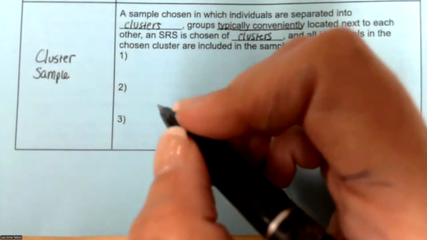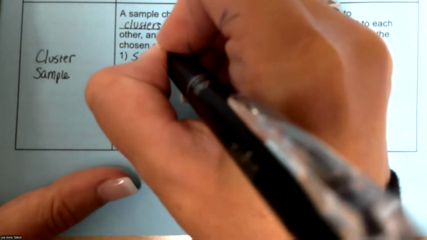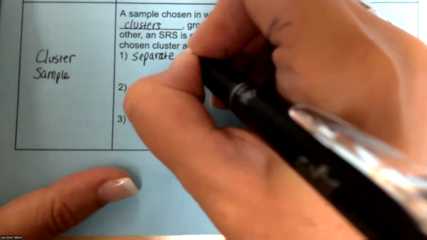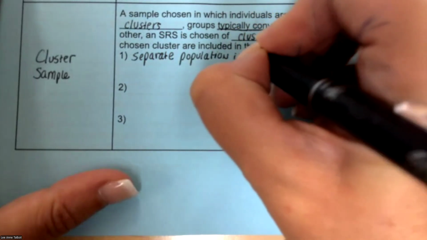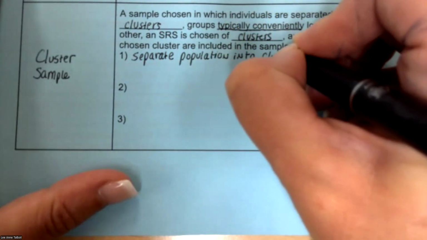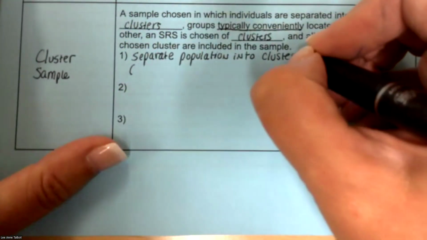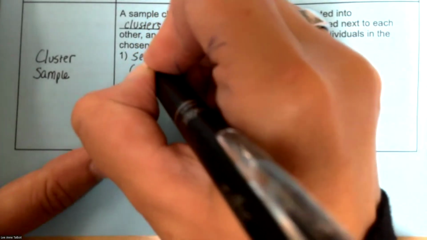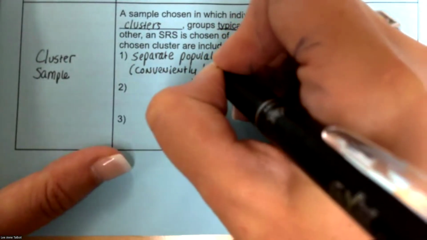Okay, so the process goes like this. Separate the population into clusters. Clusters are conveniently located groups.